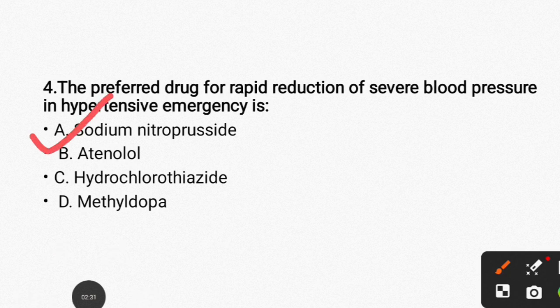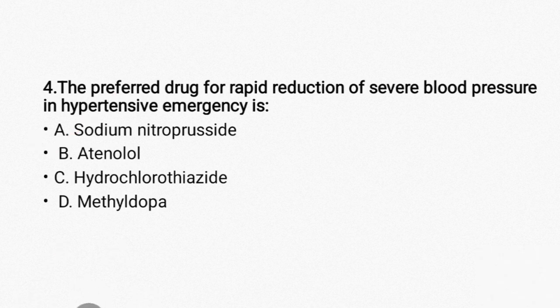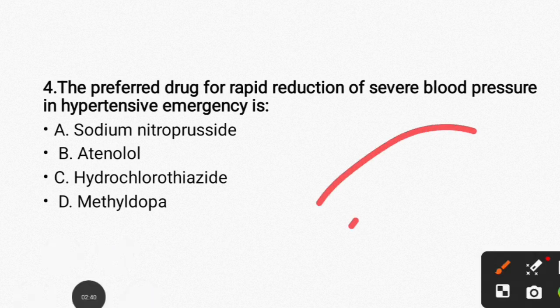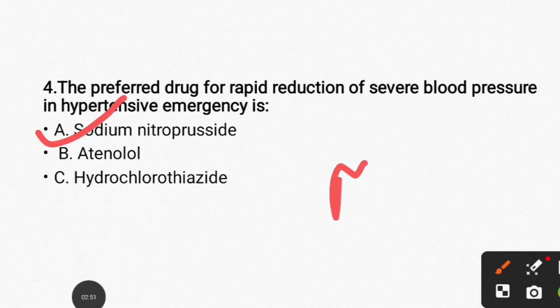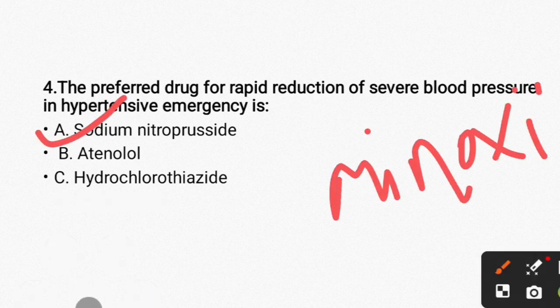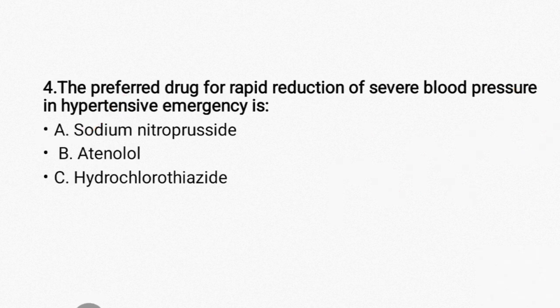So here sodium nitroprusside falls under the vasodilator group of antihypertensive drugs. Due to severe vasoconstriction, the blood is unable to flow properly and it causes severe blood pressure, and a drug like sodium nitroprusside helps. Another drug that also has this effect is minoxidil, but it has some sexual dysfunction related disorders like erectile dysfunction or impotence, that means lack of sexual desire.